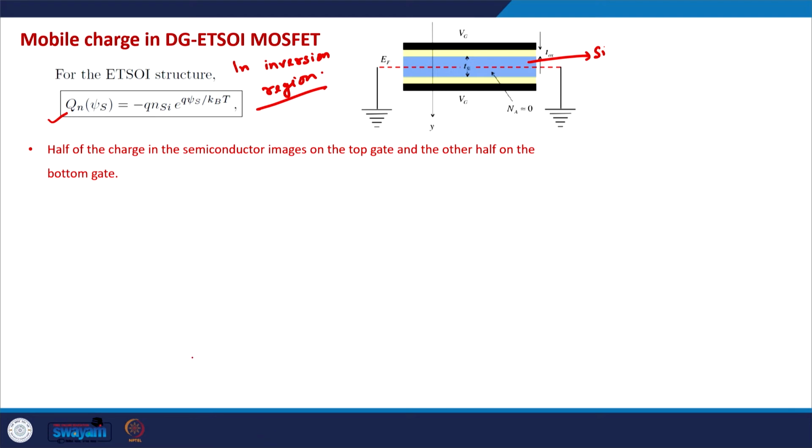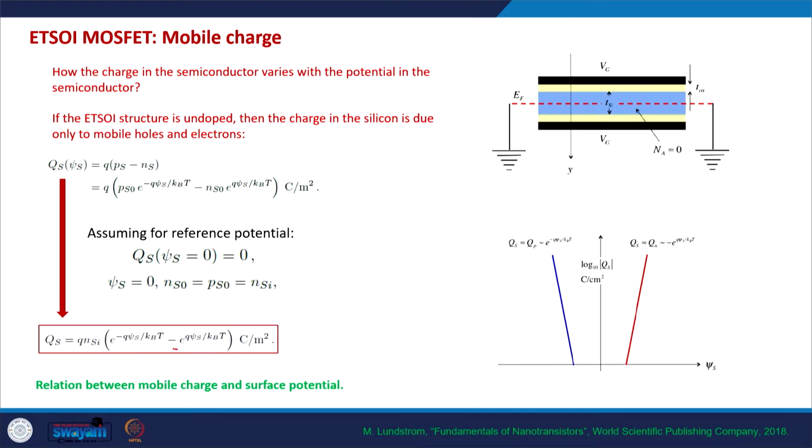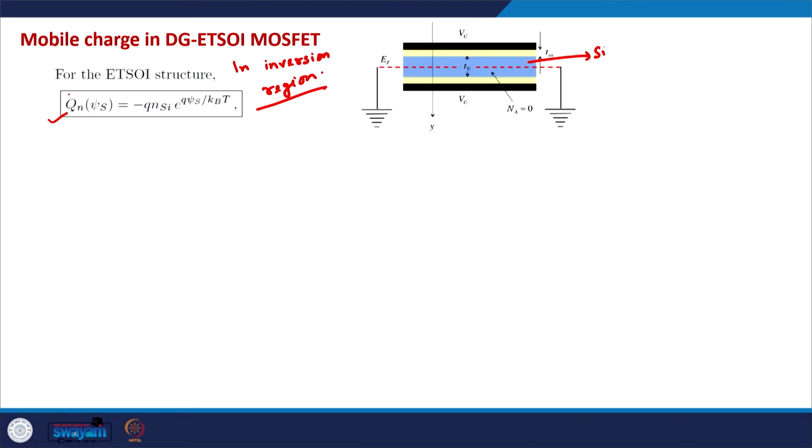In that case, the first term would be 0 and only this term would be left. So this will be the mobile charge in the DG-ETSOI MOSFET, and it will be equal to minus Q N silicon exponential Q psi s by kT.